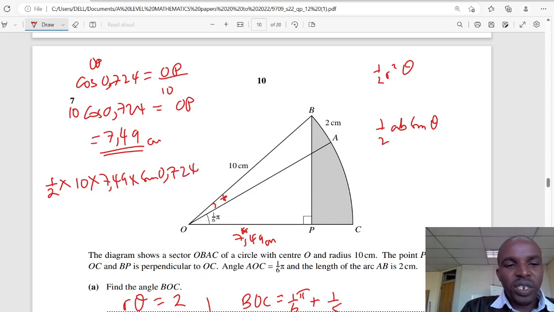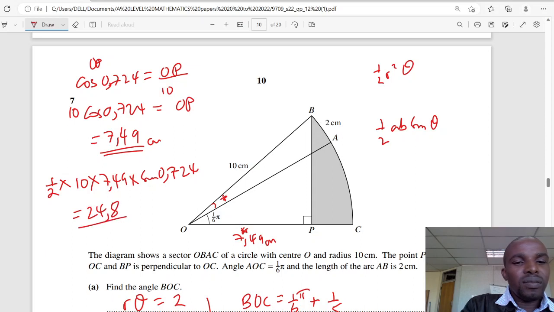Let me just work it out here. 7.49 times 10 divided by 2, then times sine 0.724, which is 24.8 square centimeters.